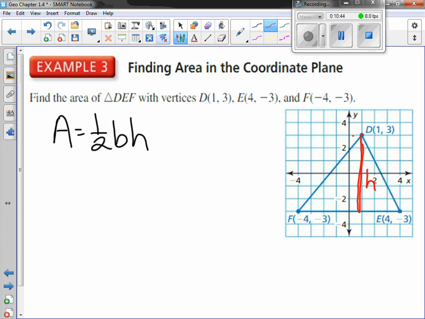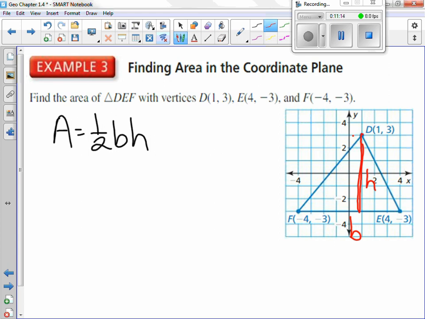Now the side that the height connects to is the base. And we'll get into more specifics on this later, because we're going to have several chapters on triangles. Triangles show up everywhere. So our base and height are those two straight lines on the axis.